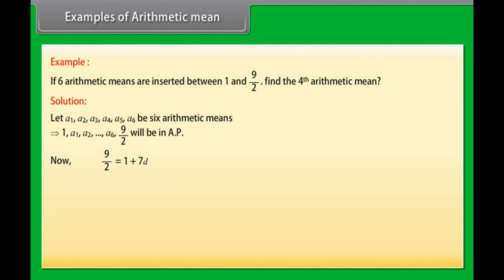Now 9 by 2 is equal to 1 plus 7D. It implies 7 by 2 is equal to 7D. It implies D is equal to 1 by 2. Hence, A4 is equal to 1 plus 4 into 1 by 2, which is equal to 3.